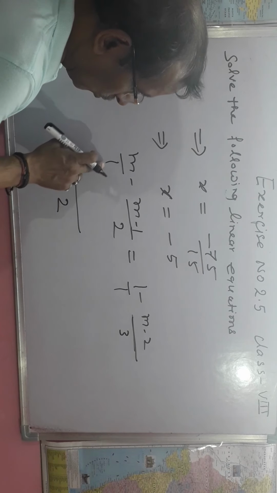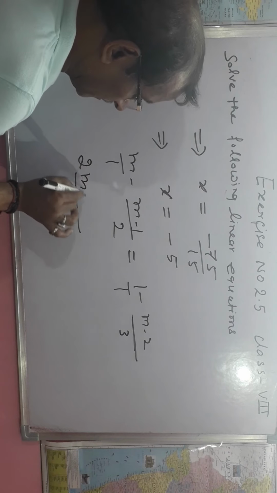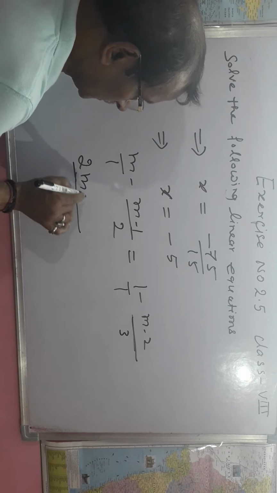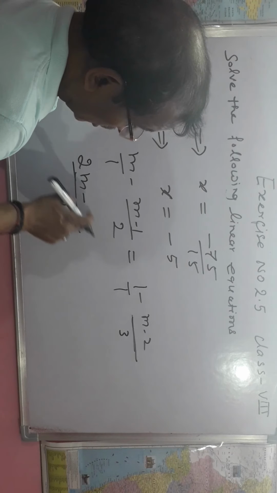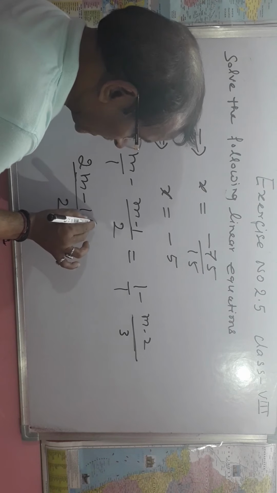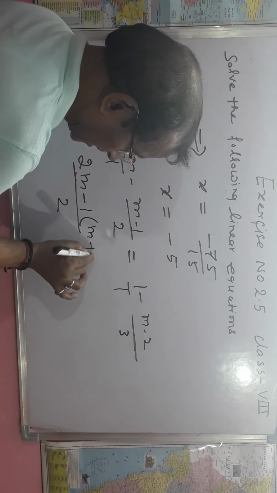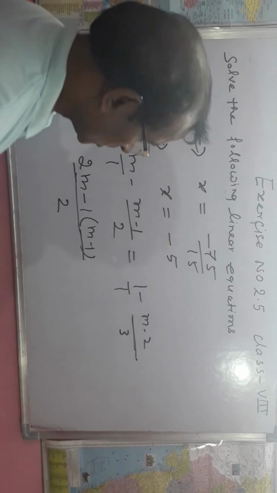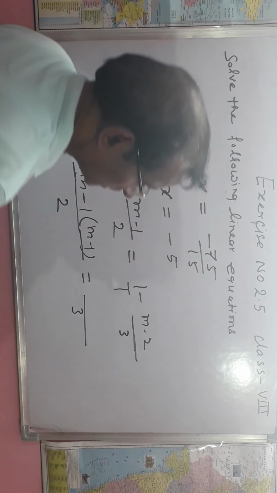2 divided by 1 we get 2, then multiply by m we get 2m, minus. Here is a minus sign, 2 divided by 2 we get 1, so 1 multiplied by m minus 1, we apply the bracket here, then that is equal to 3.